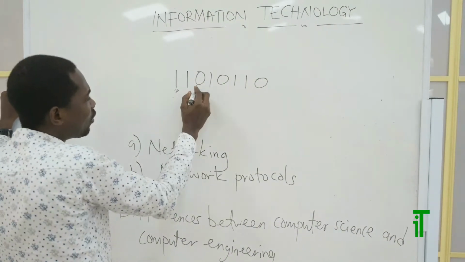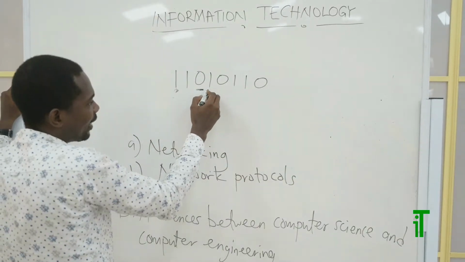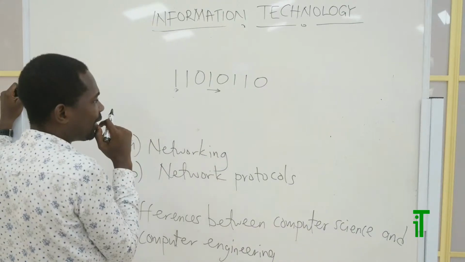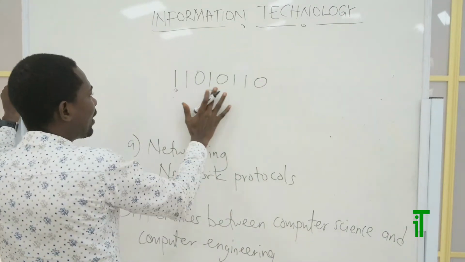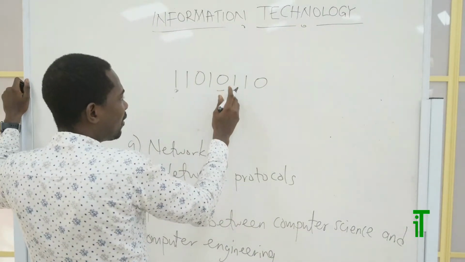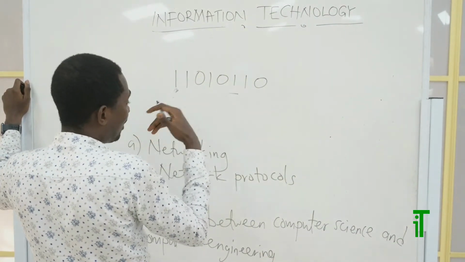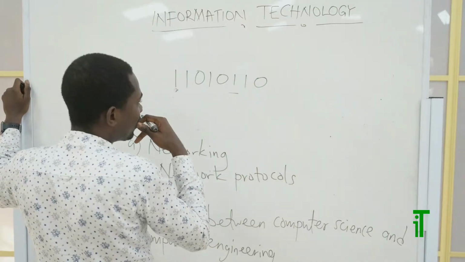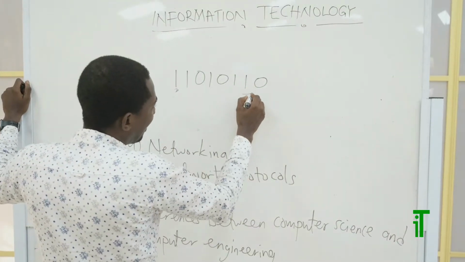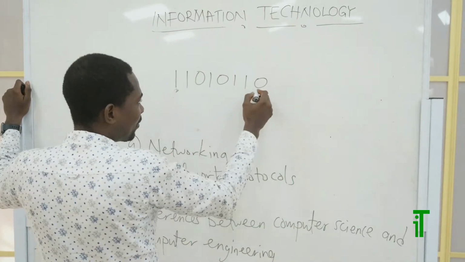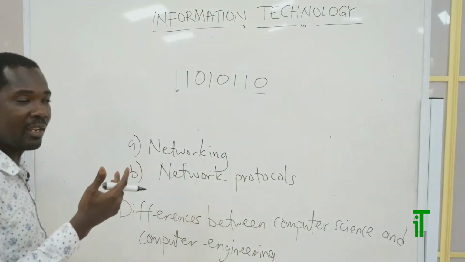When it gets to this 0, it will not send any charge. When it gets to this one, it sends a charge through the network to that computer. When it gets to this 0, it doesn't send. When it gets to this one, it sends an electronic charge through the network to that computer. And when it gets to this one, it will send an electronic signal. When it gets to this 0, it doesn't send any electronic signal.